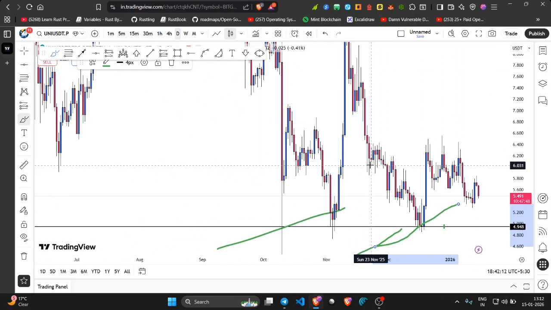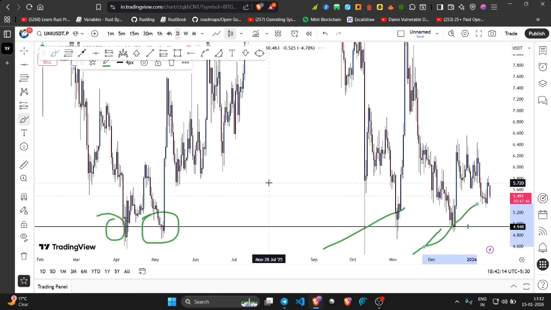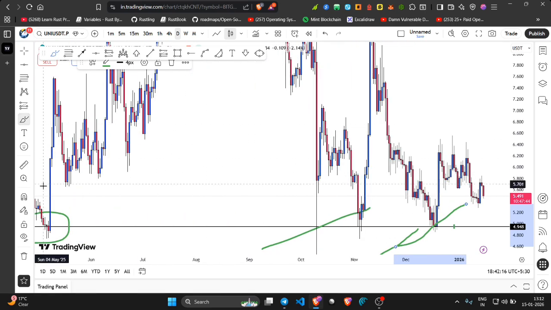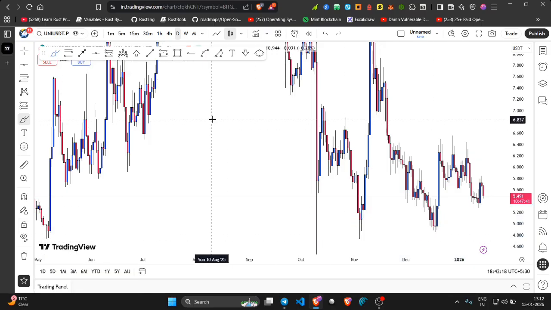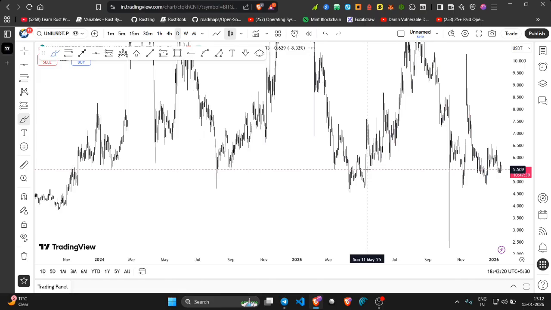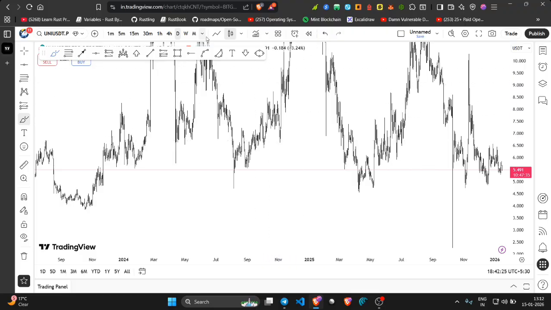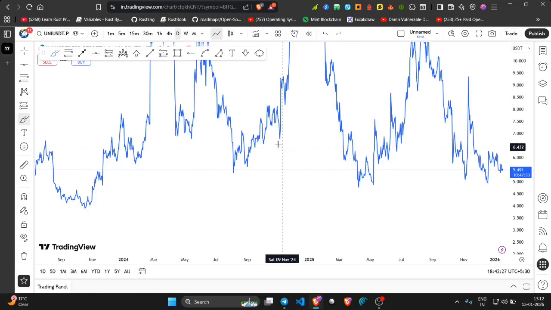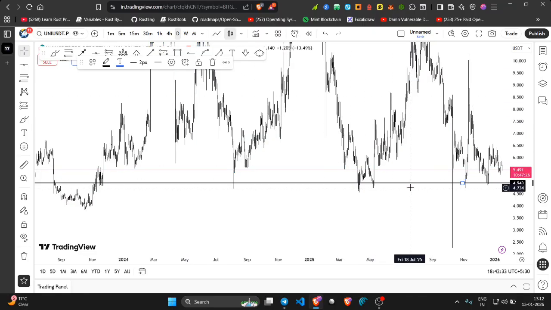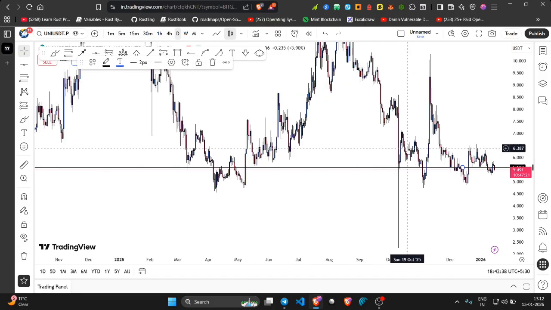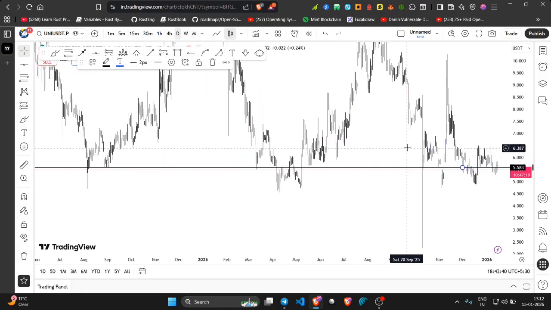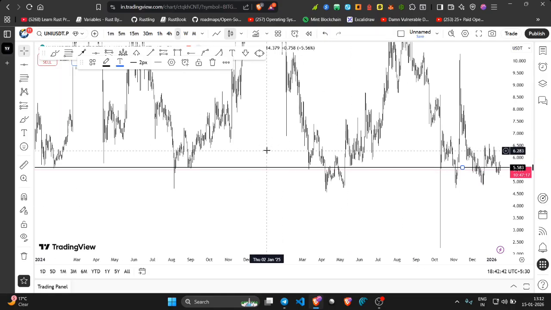Now let's come to the daily time frame, and from here things get interesting. I will erase these drawings and zoom out a bit. If I try to draw a support on the daily time frame considering the maximum number of touches, this line will go around here. Obviously it is not perfect, but I'm trying to get multiple touches.